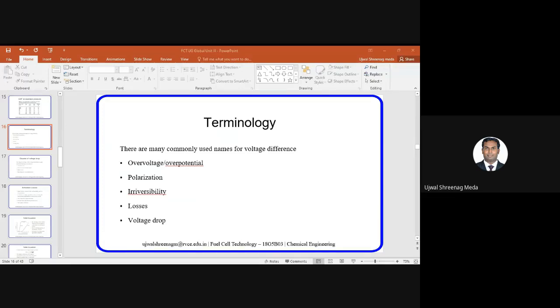The actual current and maximum possible current will give you the Faraday efficiency. If you take all the three into account, intrinsic maximum, voltaic, and Faraday, then we get overall efficiency. These are the four types of efficiencies.